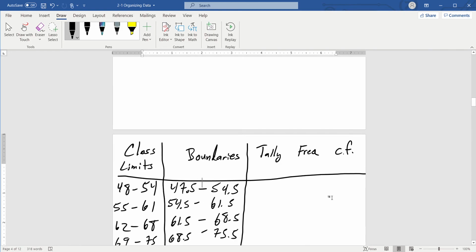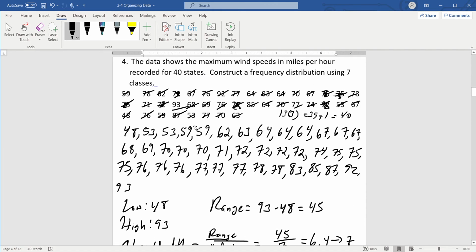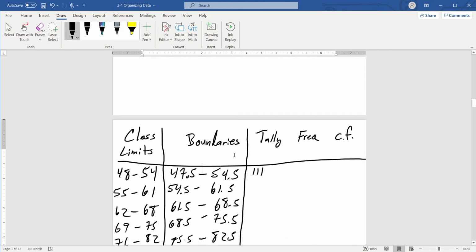It's pretty easy. 55 to 61. Just 2 numbers. If you want to mark them off, that's fine. If you don't want to, that's fine. Doesn't matter. Sometimes it just helps me to mark them off so I can see where I left off.